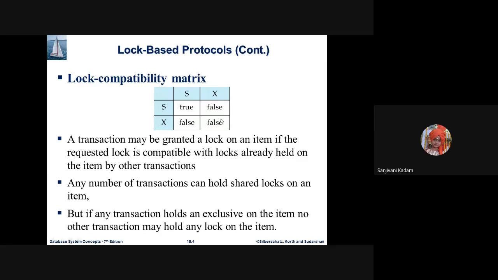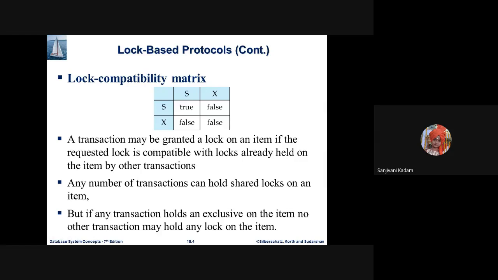Similarly, if two transactions want to perform a write operation, simultaneous access is not allowed, because the database will again be in an inconsistent state. So this is the lock compatibility matrix. We conclude that any number of shared locks can exist simultaneously, and if either transaction is holding an exclusive lock, the other request will not be granted.